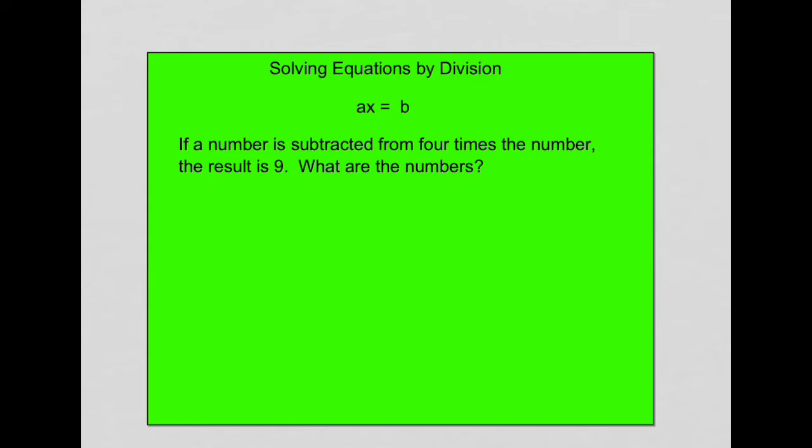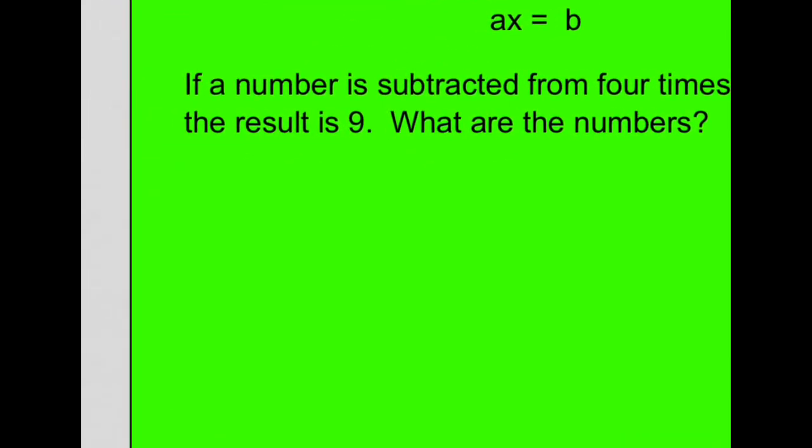Now, in this problem, it's asking us, what are the numbers? There are 2 unknown numbers. And whenever we don't know something, we assign it a variable. In this case, the numbers are related, so the variables are going to have to be related. It says if a number, we don't know what that number is, so let x equal number 1.